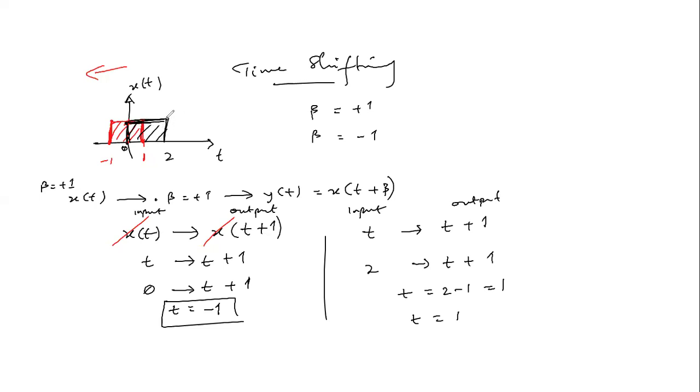Now you can see that this is the input, and now this is the output. So you can see that the output is occurring in the past time, not in future time, which is not realizable in real-time systems. Does that make sense?